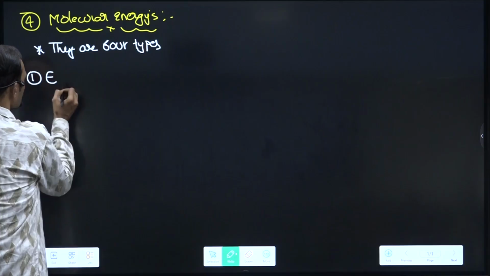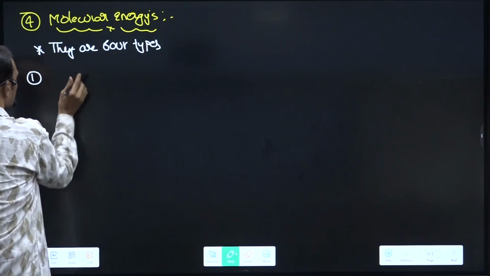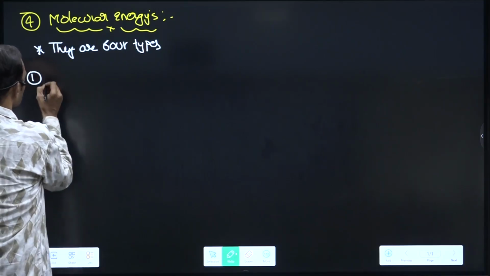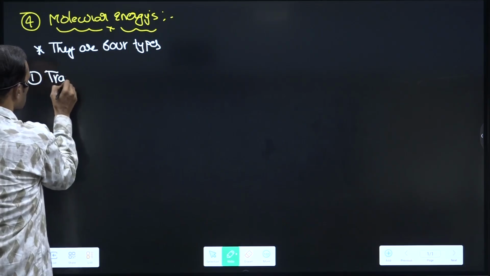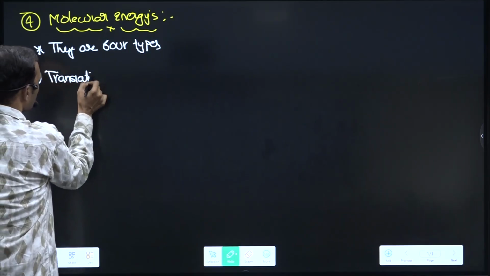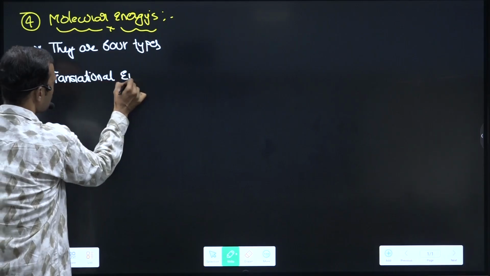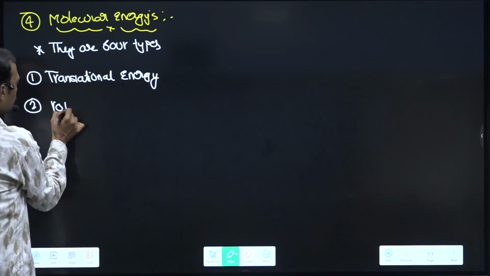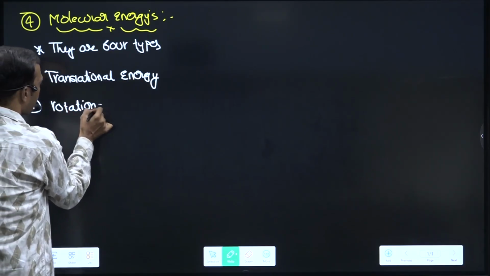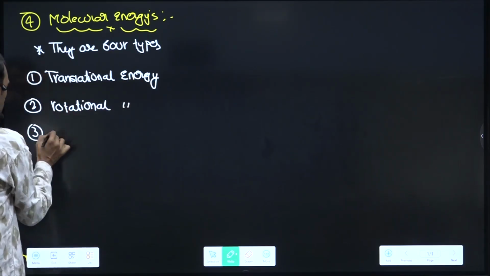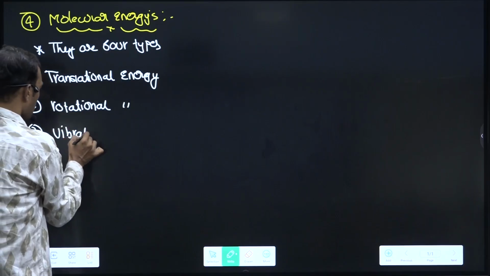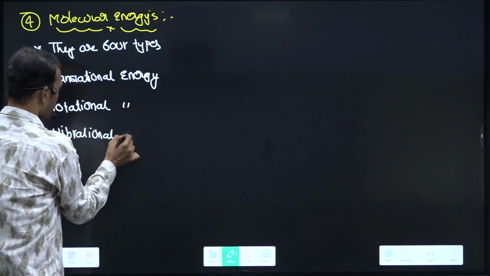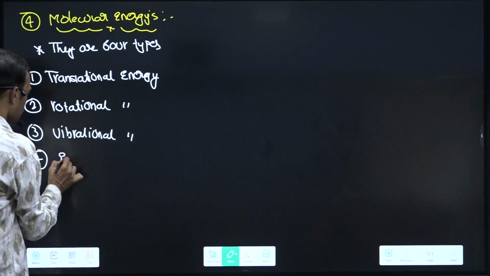So this is translational energy. Second one, rotational energy. Third one, vibrational energy. Then electronic energy.